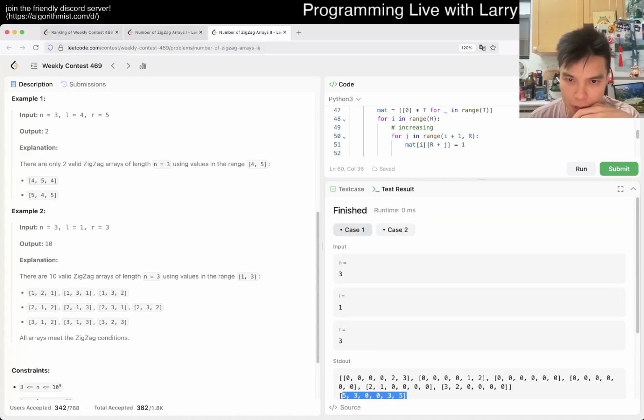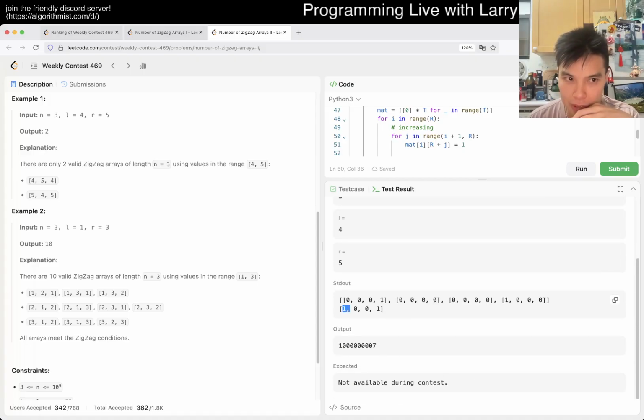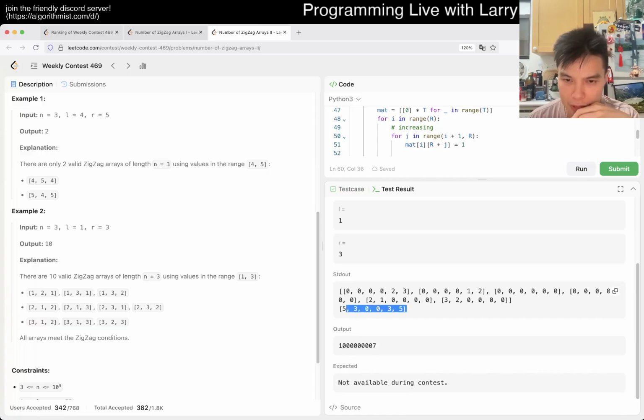Yeah, I mean, that's what I thought. And this is fine, but this is not, right? This is 16.